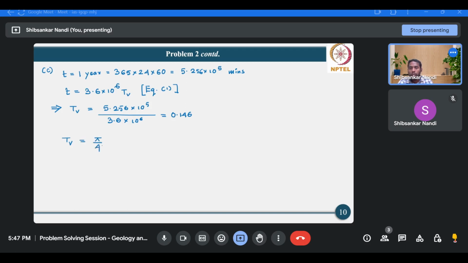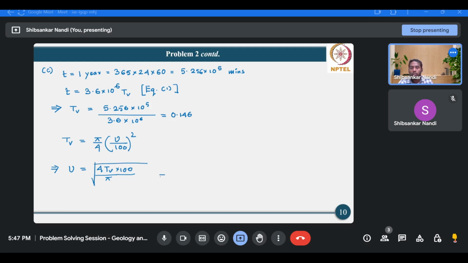So TV is pi by 4 into U by 100 squared. Therefore your U will be the square root of 4 TV by pi, multiplied by 100.